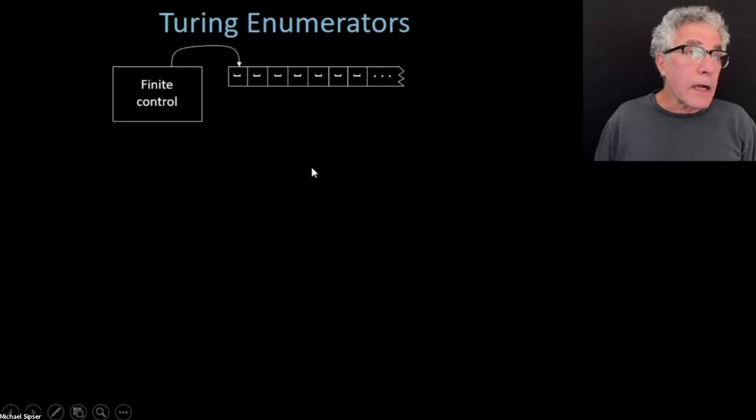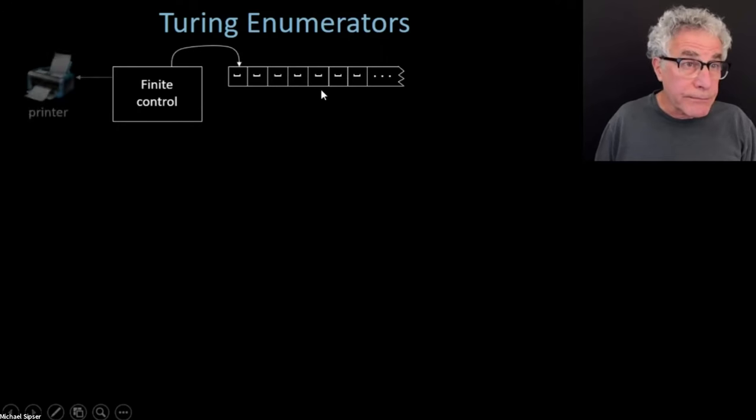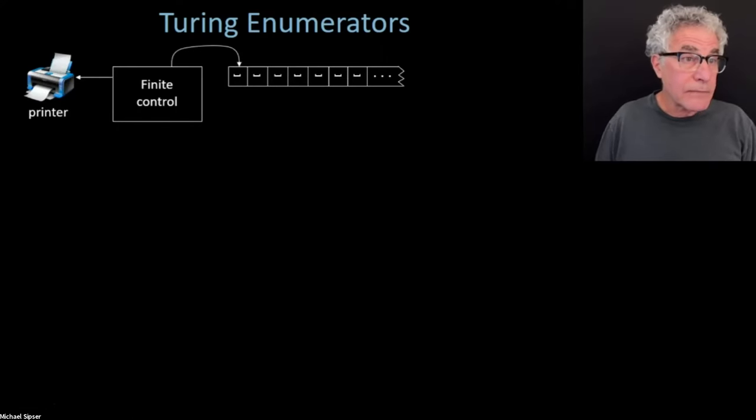Here, it's going to operate somewhat differently. First of all, we're going to enhance the Turing machine model. It's going to have just a single tape, but it's also going to have a printer. So we're now adding this new device into the Turing machine called a printer.